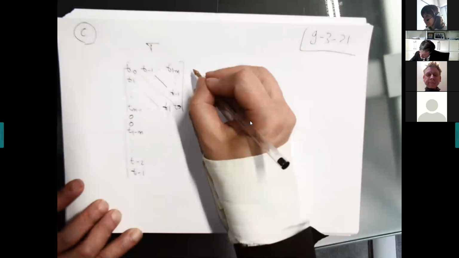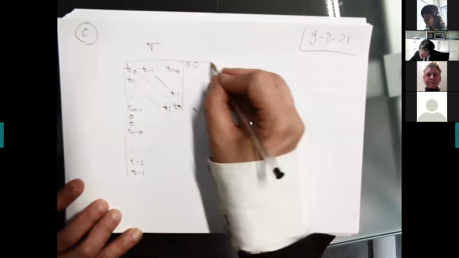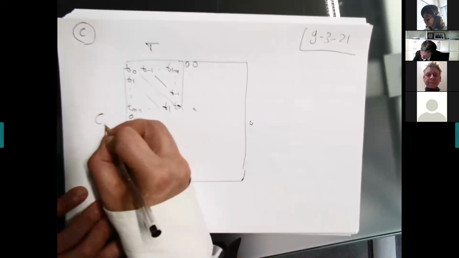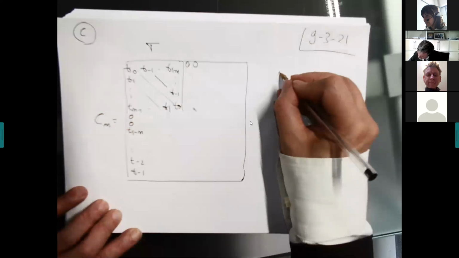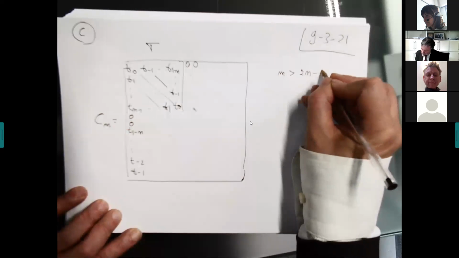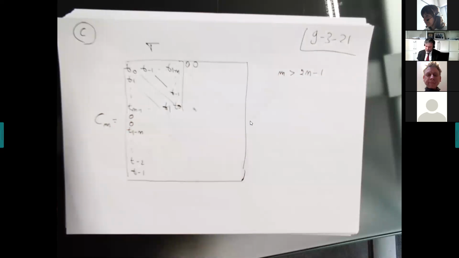Okay, so there is the presence of some zeros. So here is Cm, and for sure we have to take m strictly larger than 2n minus 1, in such a way that it is at least even, but we want a power of 2.